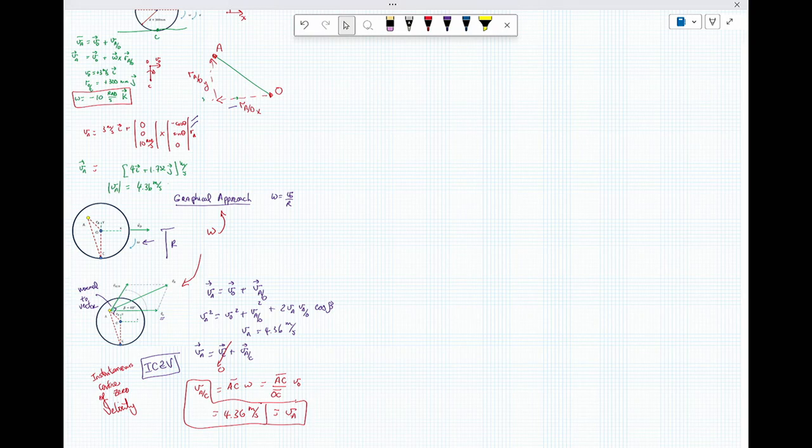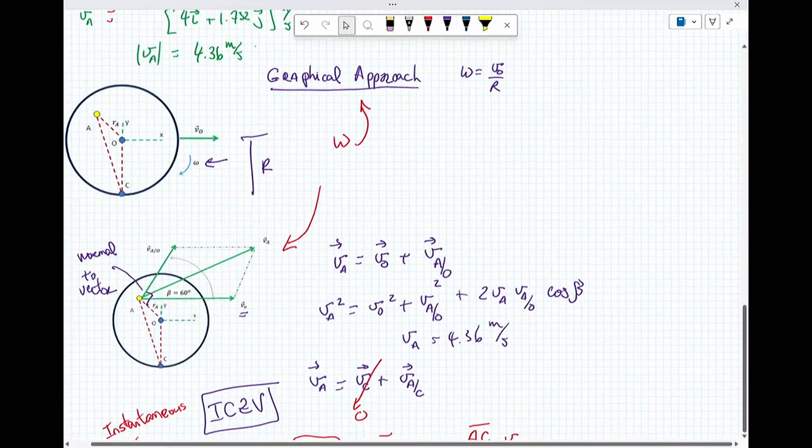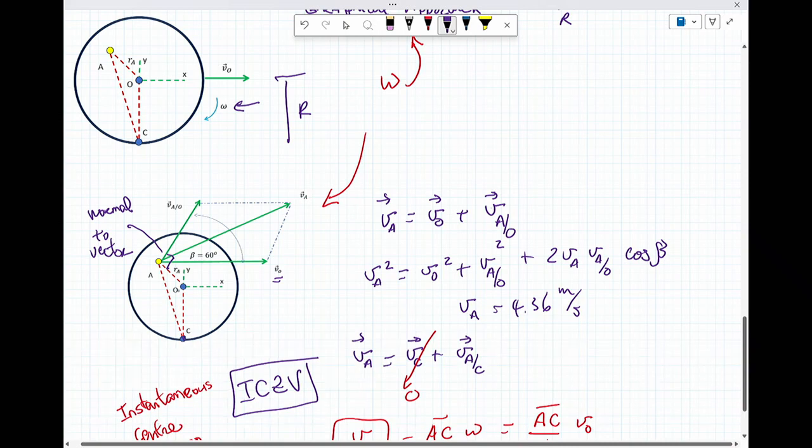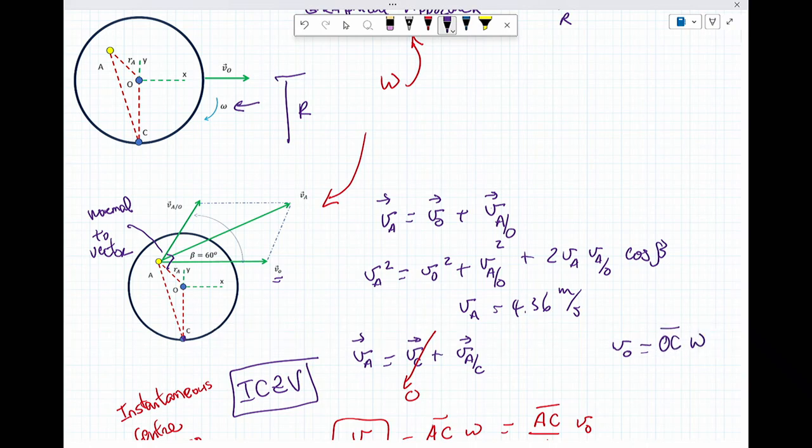Could you explain that last one? Which one? This one? So this one, all I did was say, hey, I can define everything with respect to velocity of A with respect to C. Okay. So instead of doing this, I can say velocity of O equals OC omega.